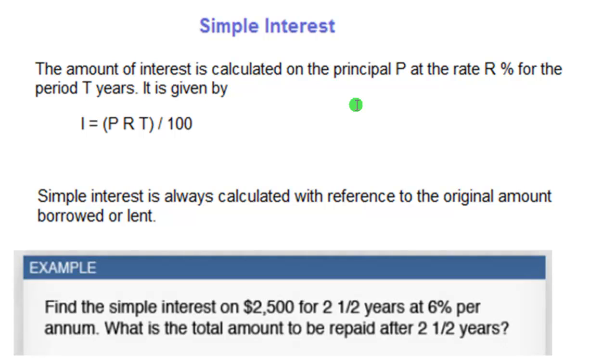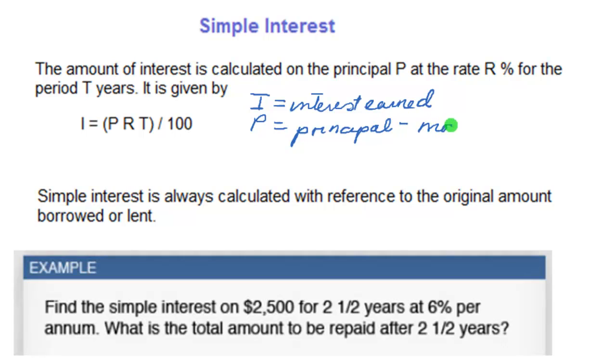The formula for simple interest is I equals PRT divided by 100. I represents the interest, the interest earned on the money. P is your principal. This is the money that you originally put in the bank.